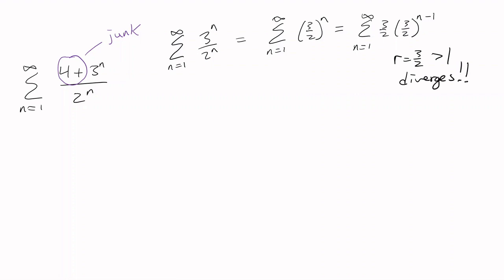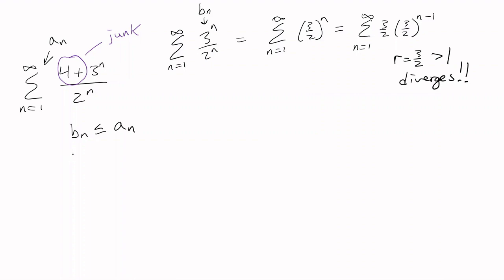Okay, so I found a new series, right, that looked a lot like my original, and this one diverged. So what do I need to do? I need to show, so remember, this is my a sub n to start, this is my b sub n. Okay, so what do I need to do? I need to show here that my new one, b sub n, is now smaller than my original.